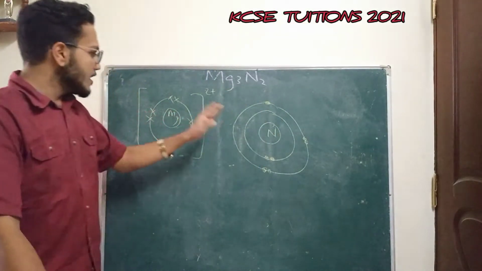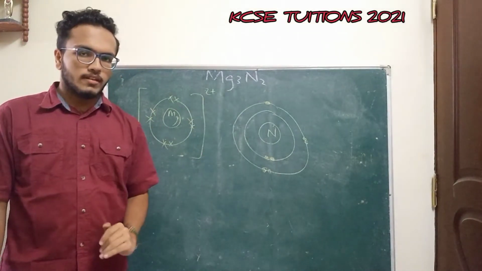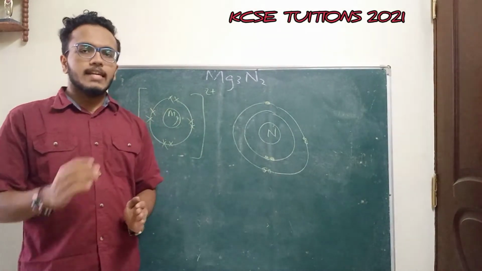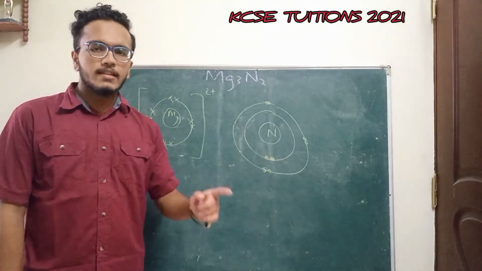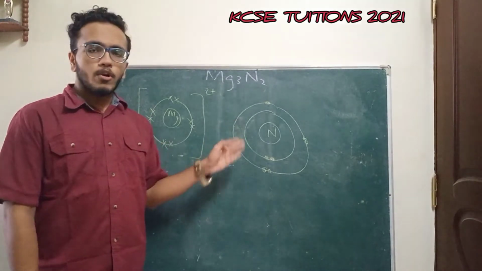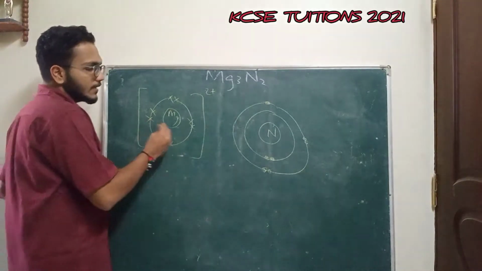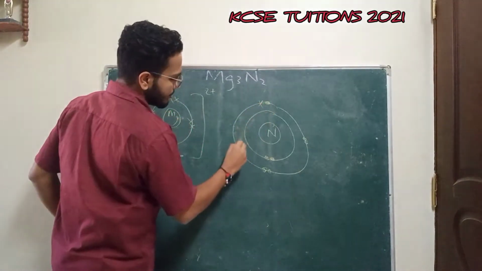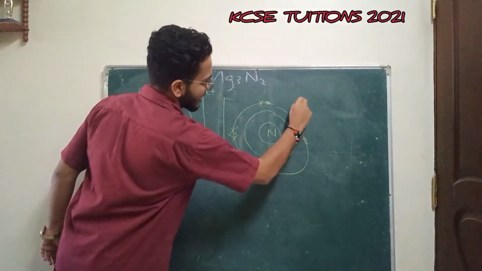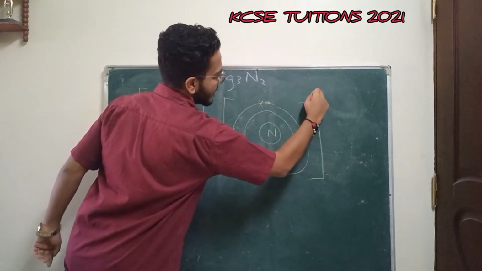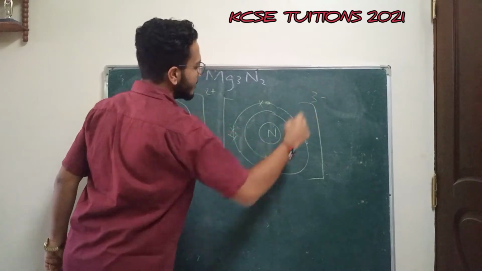But magnesium has only 2 electrons to donate. Nitrogen needs to gain 3 electrons to obtain octet stability, but magnesium only has 2 electrons to donate. What do you do in this case? You bring 3 electrons from magnesium and you put the charge of the ion of nitrogen, which is -3, 3 negative.